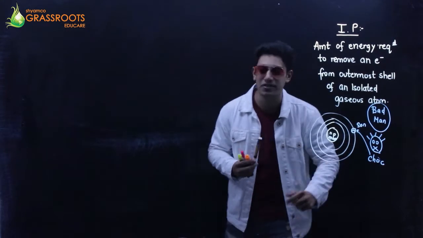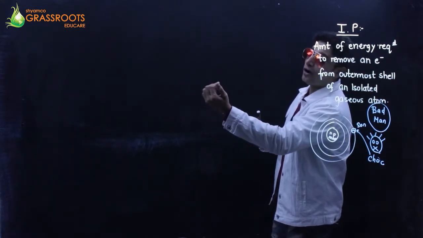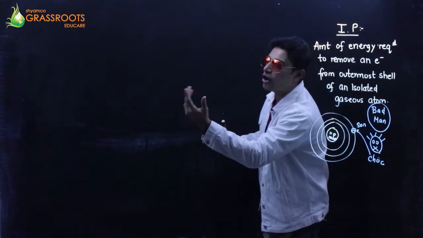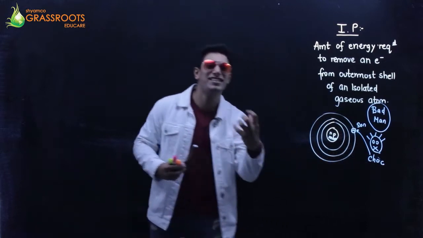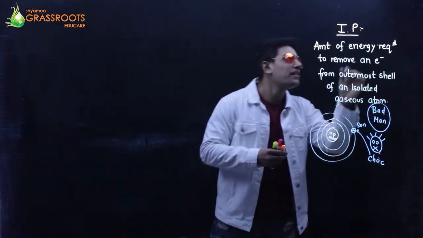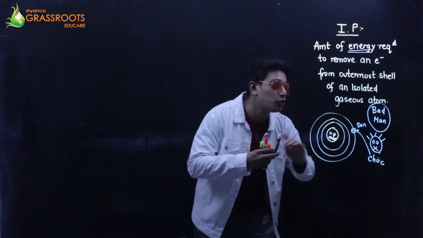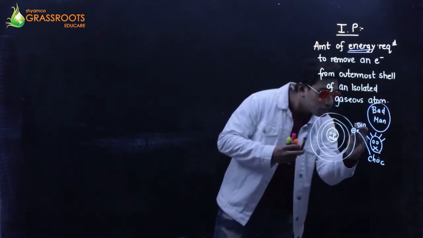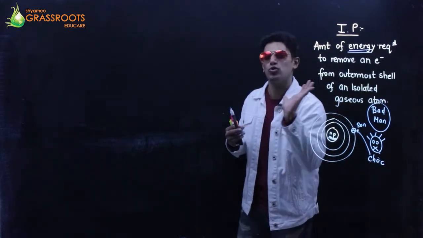The bad man speaks, hey son, come to me, I'll give you chocolates. Now, can I say the chocolate is the energy? That is the energy required to do what? To remove the electron from the outermost shell of one isolated atom.